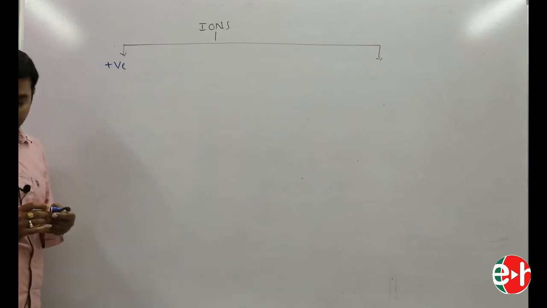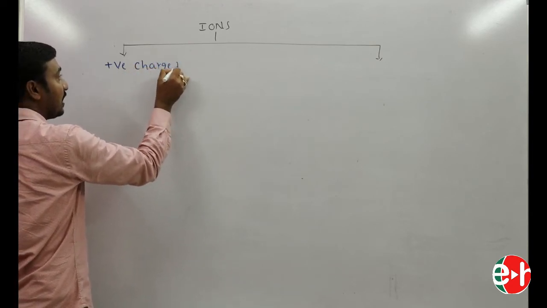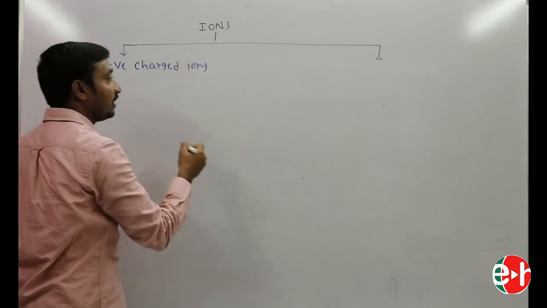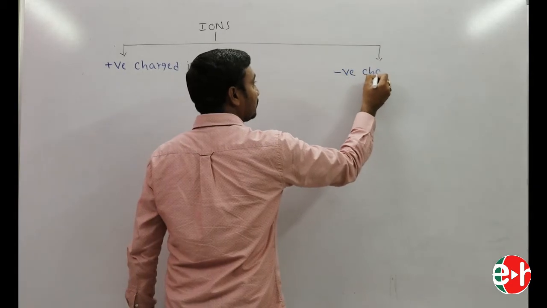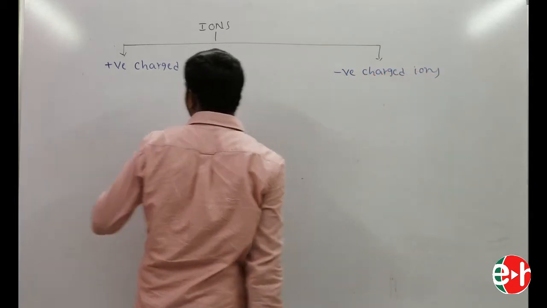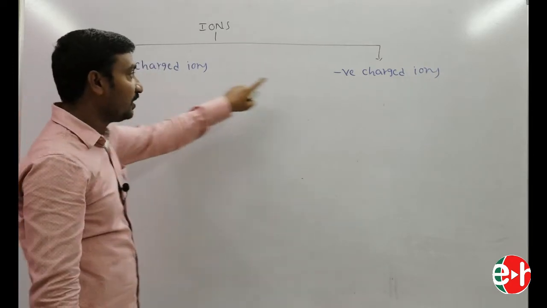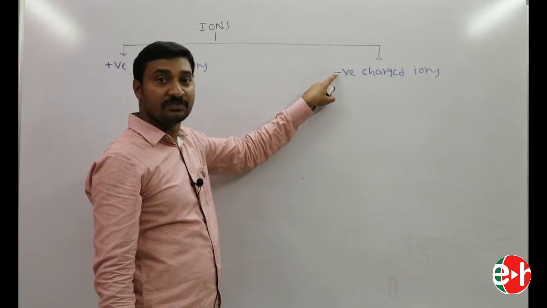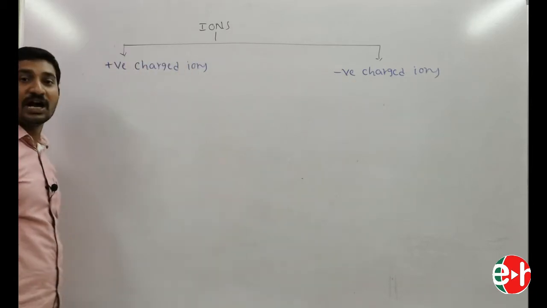Negatively charged ions. Here this indicates positive. Positive means plus na. Negative means minus na. So negatively charged ions, positively charged ions.